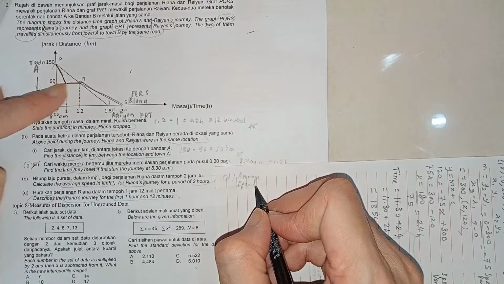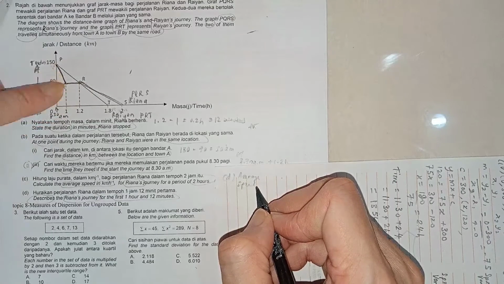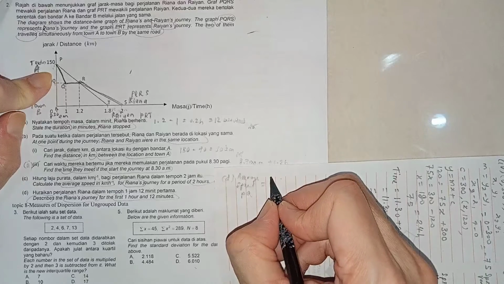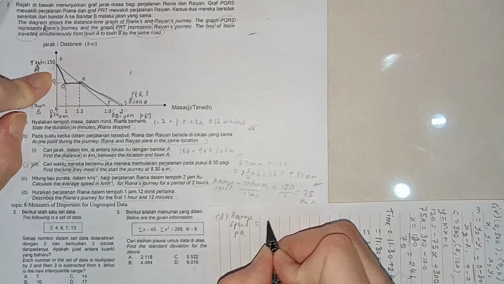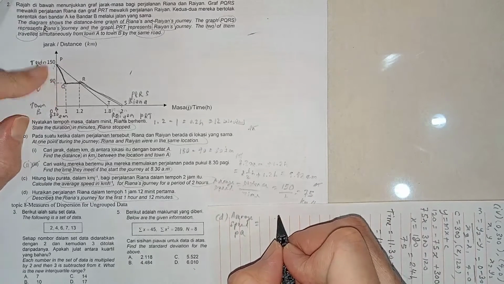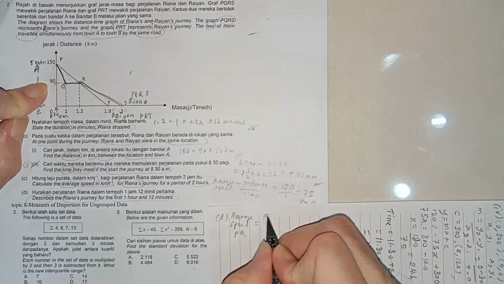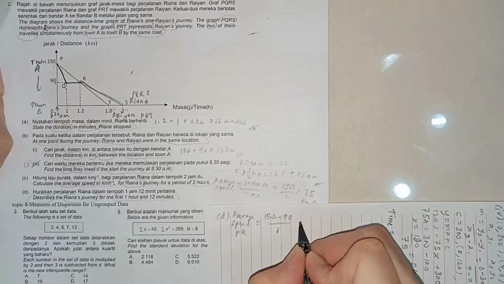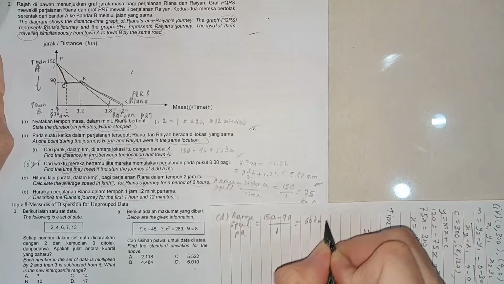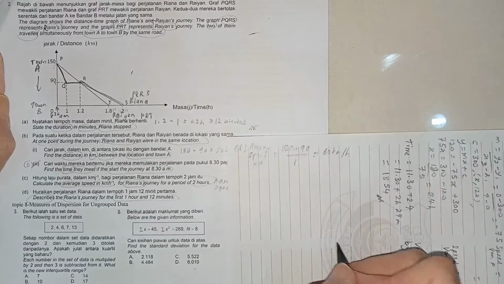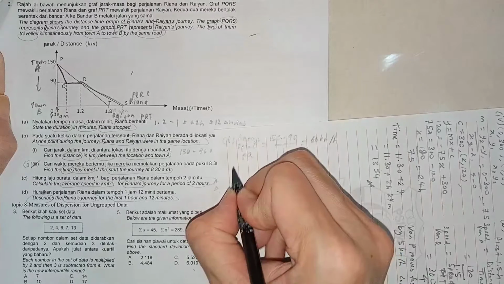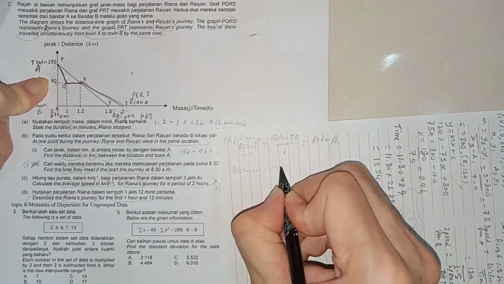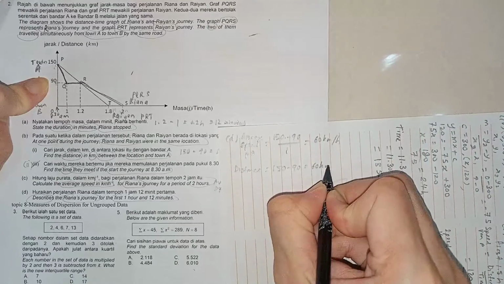I cannot find until here because this is resting, it's not called average speed anymore. So for PQ, the average speed is distance over time. The distance is 150 minus 90, the time is 1 hour only, this one not counted. So from calculator I get 60 km per hour. Then we have to find the distance. Distance is 150 minus 90, so it's 60 km.